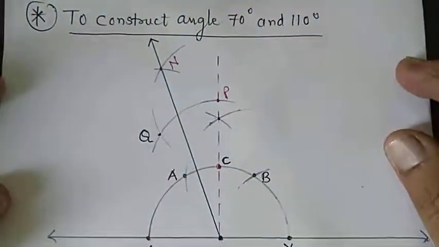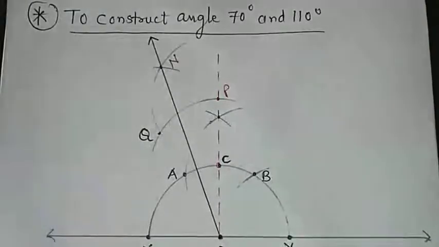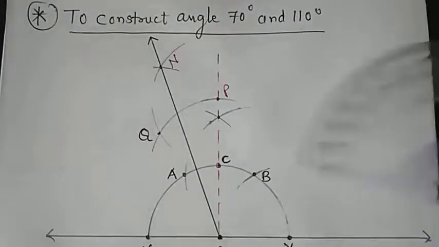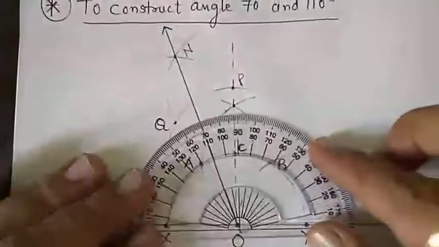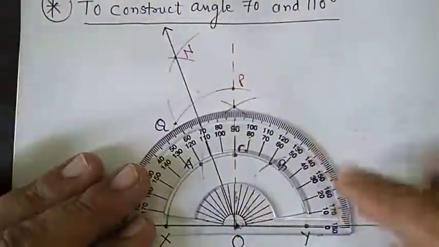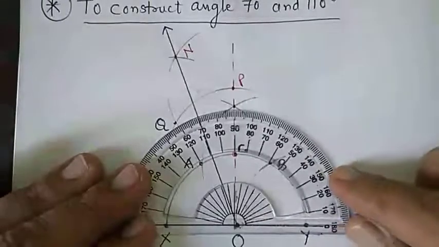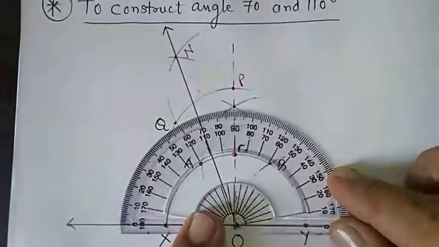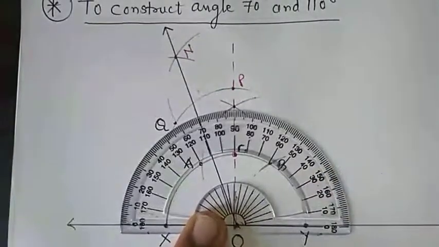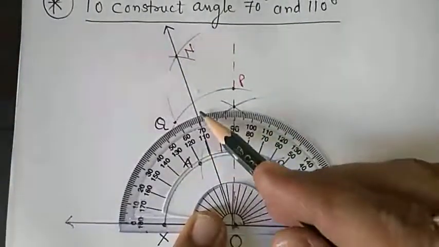Now let us check that we have done it exactly or not with the help of protractor. That's just we will measure it out. So 0 degree, okay, 90 degree also from the center point we are getting exactly, and you will see over here 70 degree.